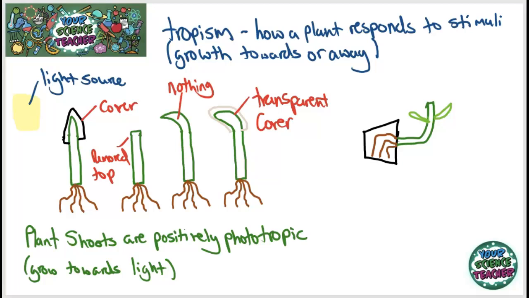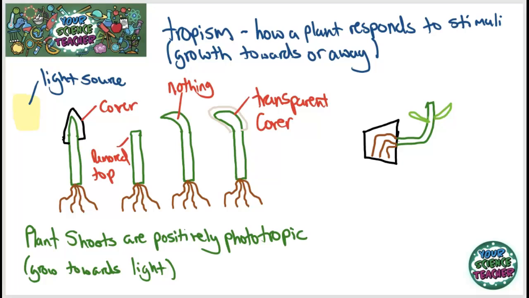So as you can see, what happens is if I have removed the top of my plant, it no longer grows, it has stunted growth, and this must be to do with the plant hormones causing the growth. And if I remove the top, then it cannot grow any further. If I do nothing or have a transparent cover, the plant bends towards the light. And we're going to have a look at the next slide about what causes this bending growth.